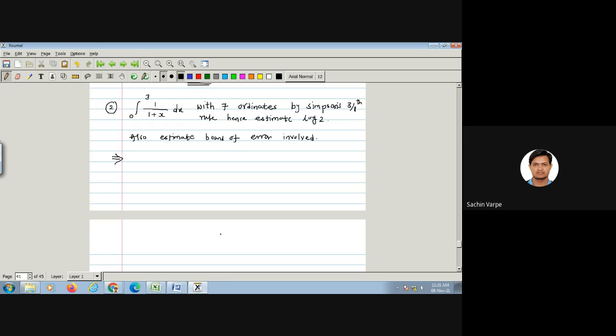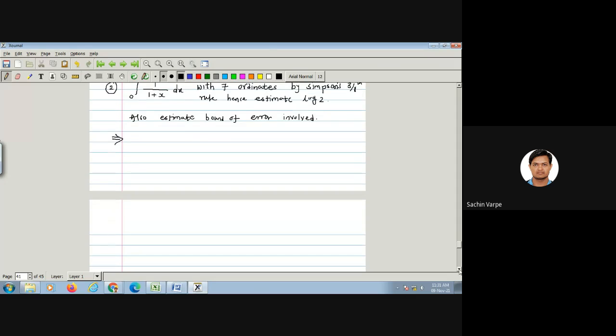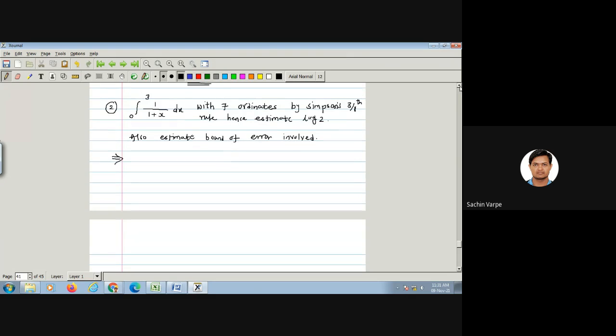So 7 ordinates means y0 to y6, right? 7 ordinates means 6 subintervals, right?